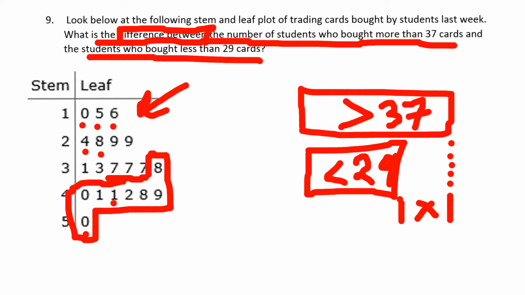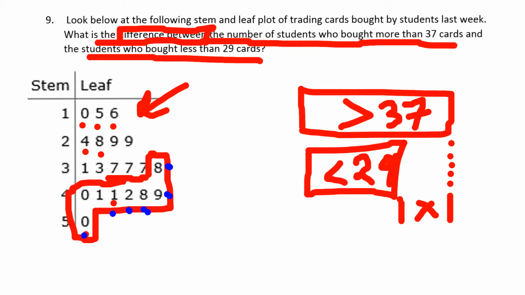But they don't want to know how many cards were bought by those kids who bought more than 37. No, they just want to know how many students bought more than 37 cards. So you have to realize that each of these is one student, because this student bought 38, this student bought 49, this student bought 42, 48, 41, 50, but that's just one student who bought those cards.